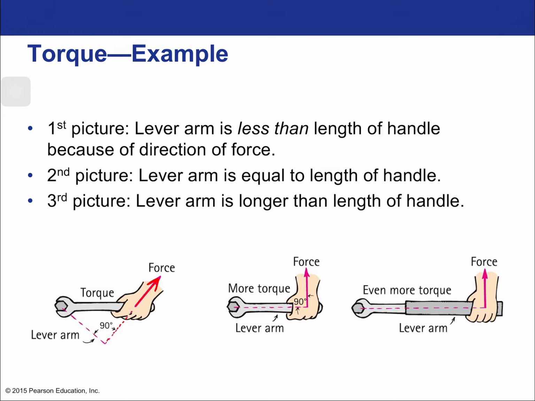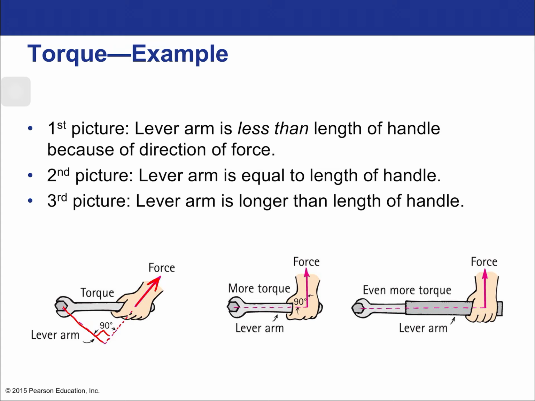This continuation of the force is called the line of action. We continue it down until we can make a 90-degree angle. Thus, the other side of that right triangle is the lever arm. So only one side of that right triangle is the lever arm.